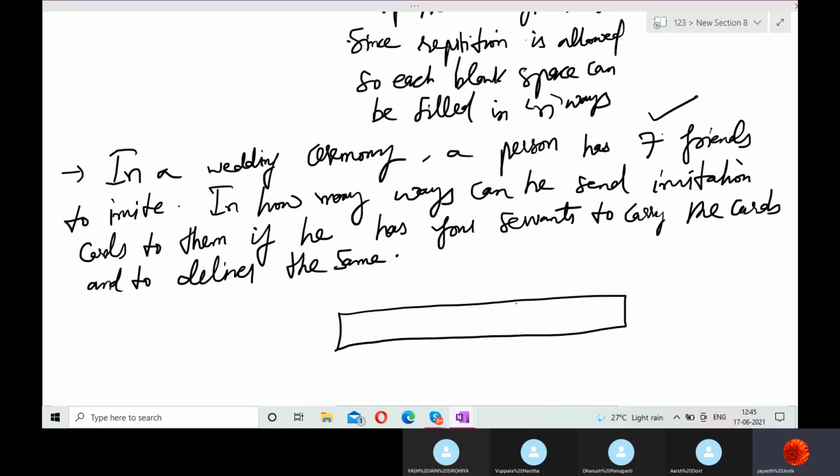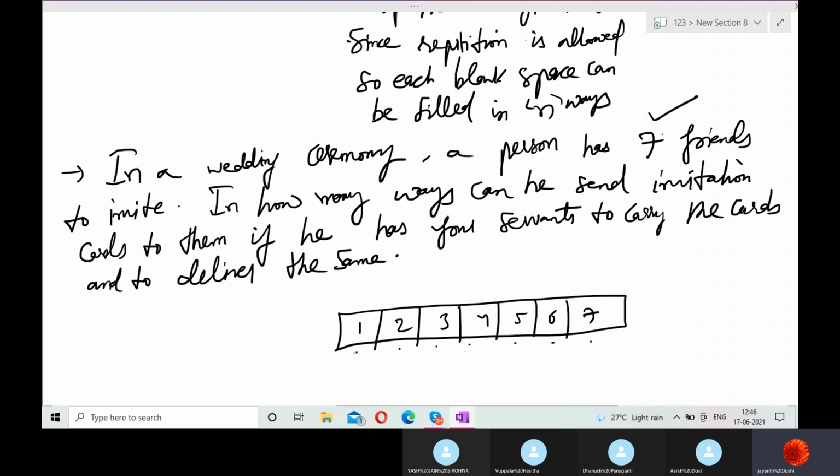Here I have not given any condition like n greater than r. You should understand the concept.